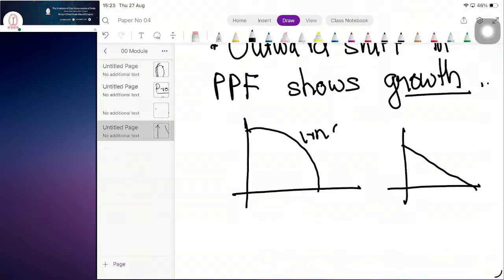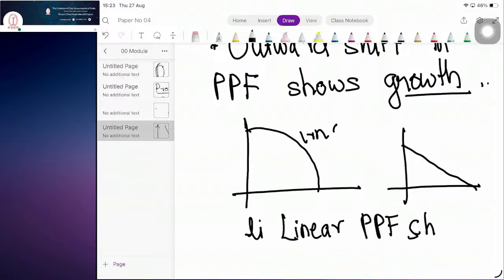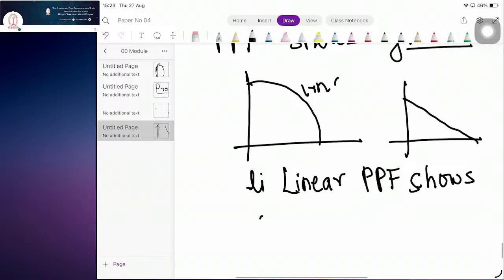What does it mean? Correct. Write this line, linear PPF shows constant opportunity cost.